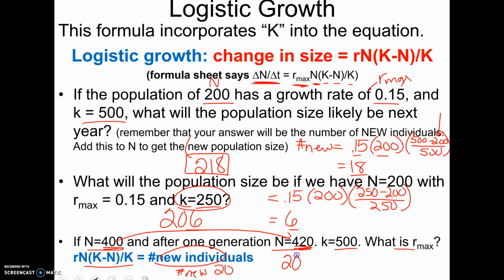So we're going to do this. 20 is equal to, we don't know what R max is, times N, that's going to be our original population size of 400, times K minus N over K. But this time we're solving right here for R max. So what I would do is work out the right side and then divide 20 by that right side. And when you do that, you're going to get an answer. I don't have the time to work this out in this particular video. You're going to get an answer of 0.25. So that's how you would solve a problem like that one.